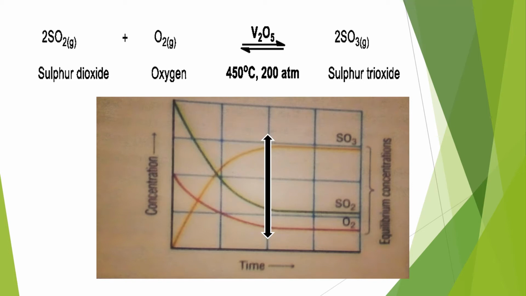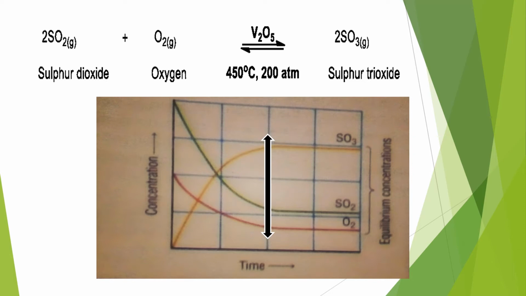You can see the concentration of sulfur dioxide in the green line and the concentration of oxygen in the red line. The concentration of the reactants is maximum at zero time, and the concentration of sulfur trioxide is zero at this time.